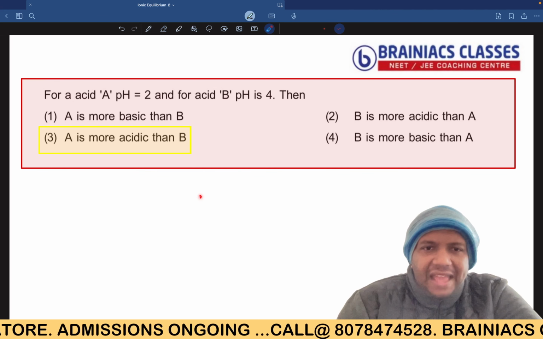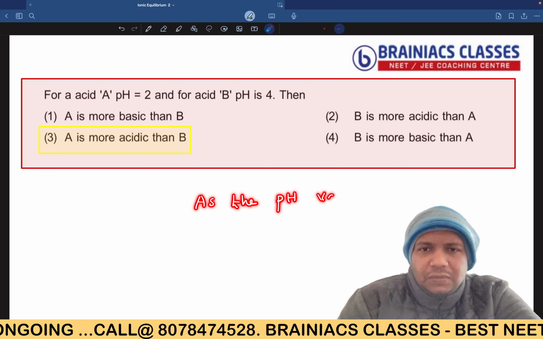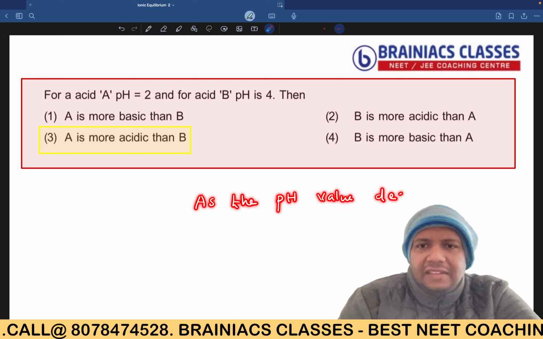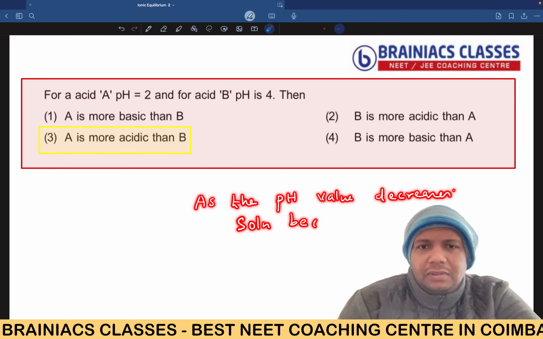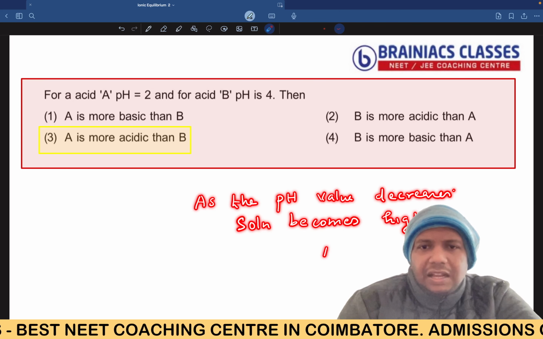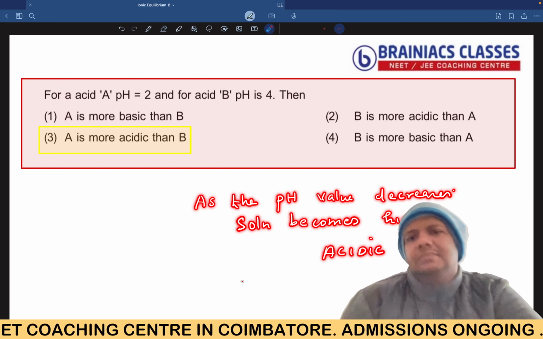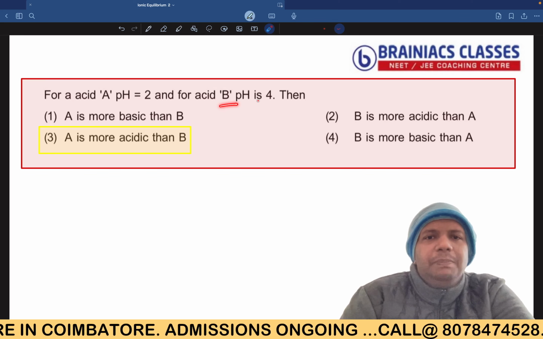So I can say as the pH value decreases, the solution becomes highly acidic.